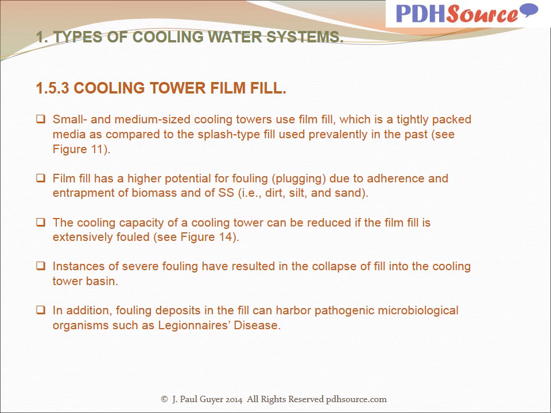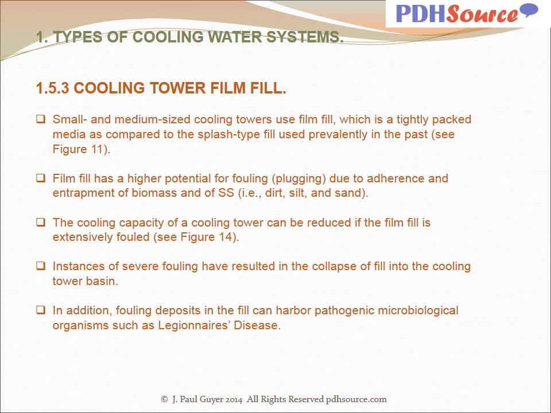Small and medium-sized cooling towers use film fill, which is a tightly packed media as compared to the splash-type fill used prevalently in the past. Film fill has a higher potential for fouling, plugging, due to adherence and entrapment of biomass and dirt, silt, and sand. The cooling capacity of a cooling tower can be reduced if the film fill is extensively fouled.